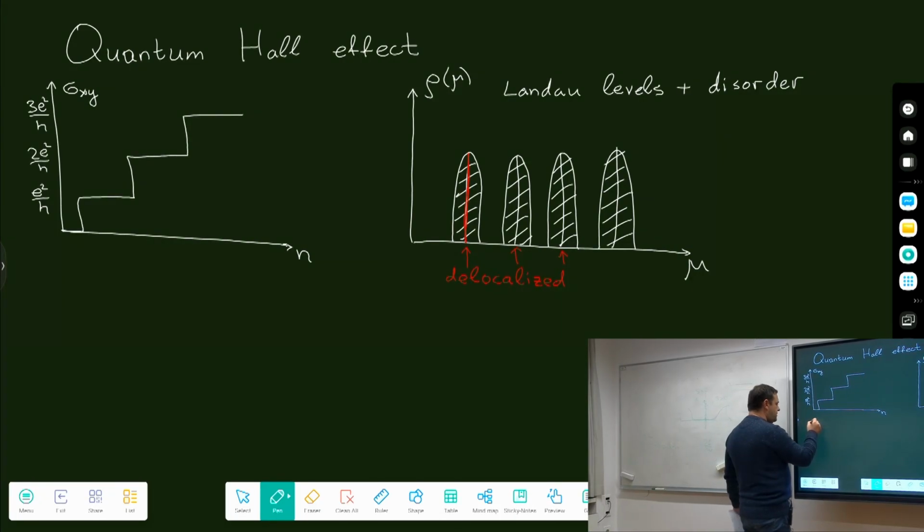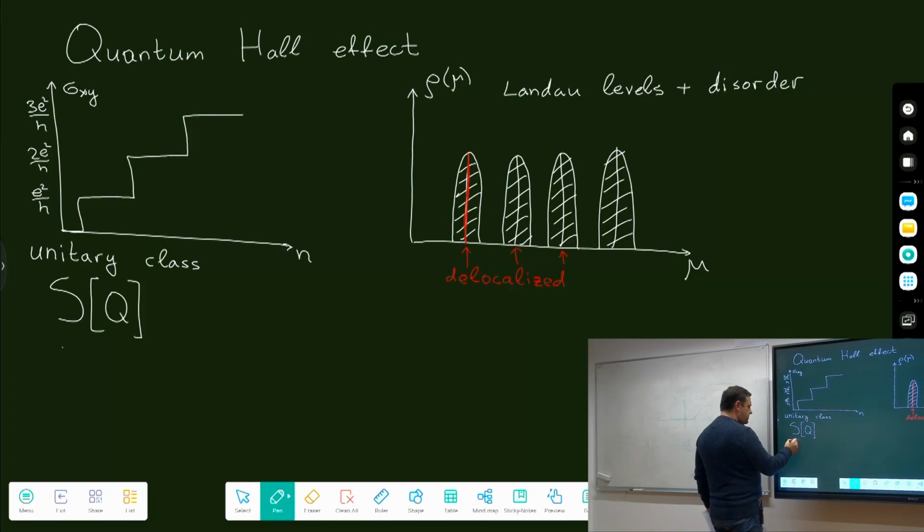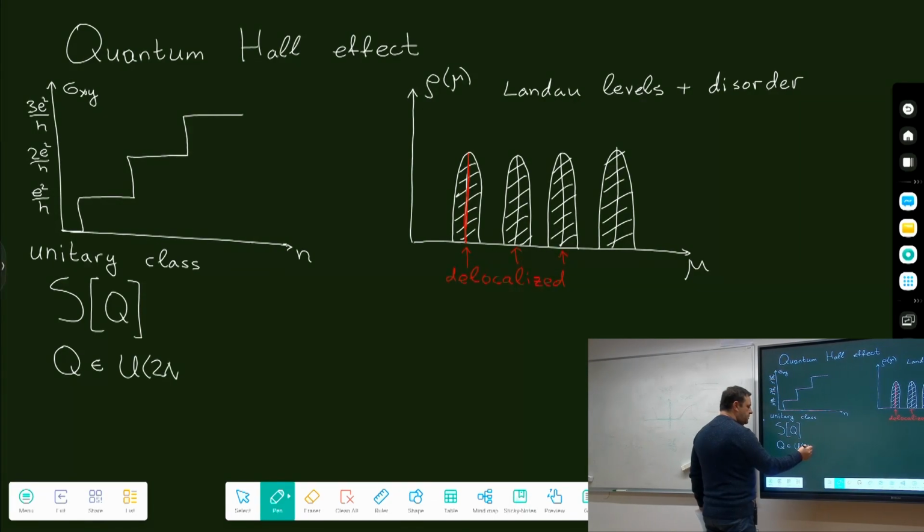So just as before, we have the nonlinear sigma model, which is the following action. This is the unitary class, the most simple model that we originally derived, and which is the model with the Q matrix that belongs to the coset space U(2n) divided by U(n) times U(n).